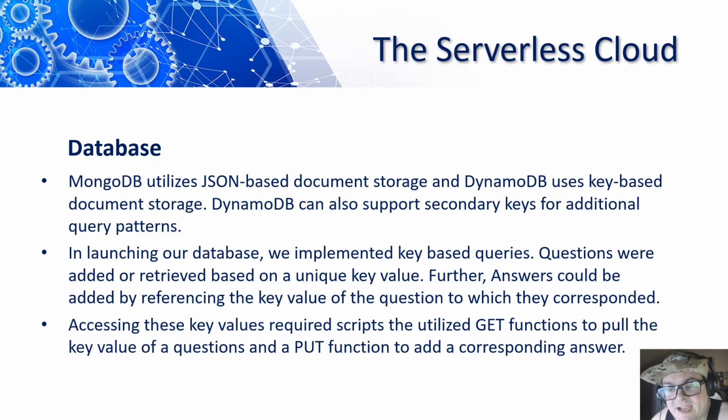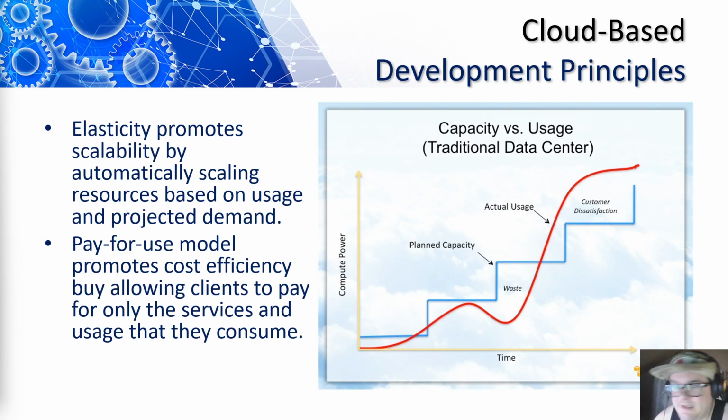Further, answers could be added by referencing the key value of a question to which they corresponded. So that's sort of that secondary key. Answers would have their own unique key, but they're also referencing a key attached to a question. Accessing these key values required scripts that utilized get functions to pull key values and put functions to add corresponding answers to the database. Pretty straightforward.